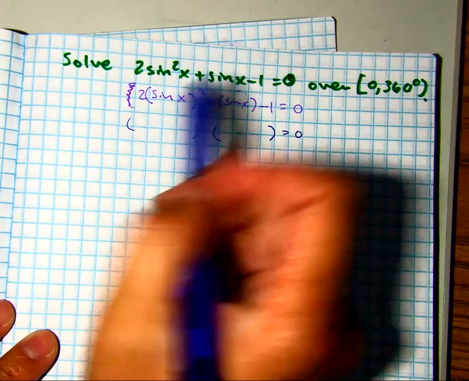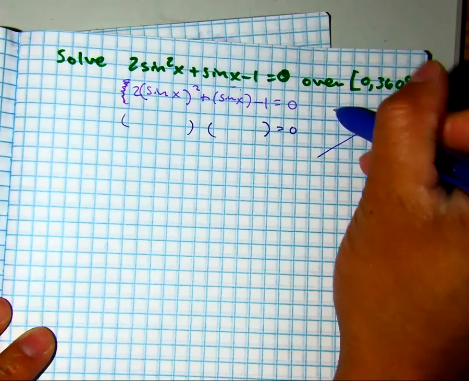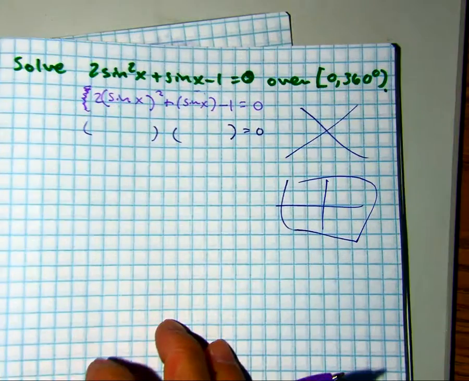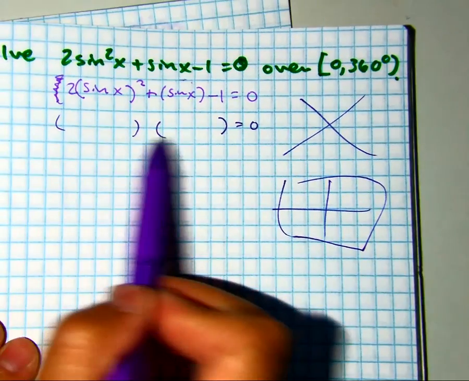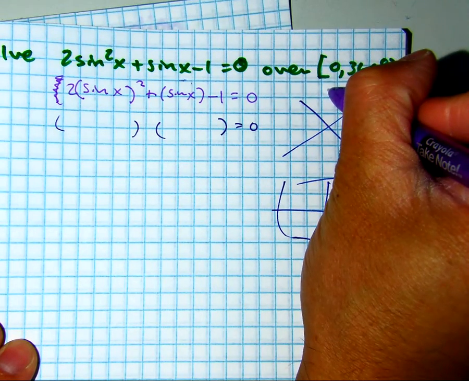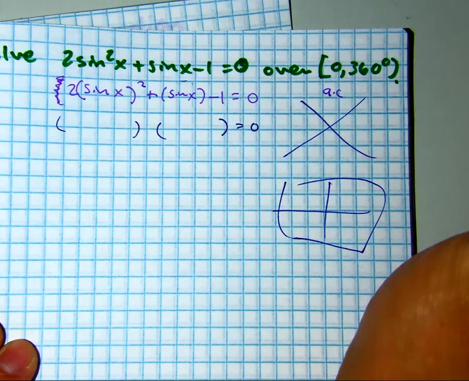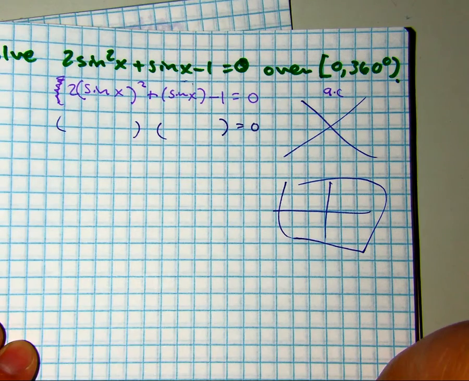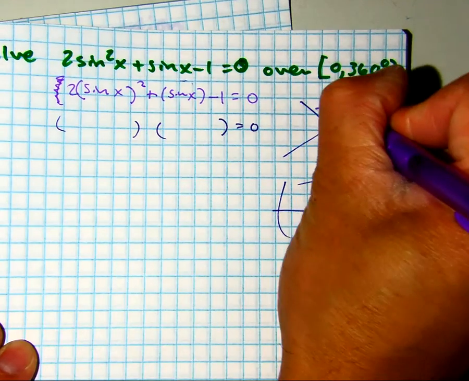If you did your x in your box, if you know another method of factoring, totally fine. What we're looking for is just taking factors. Melina, A times C. Your B value?